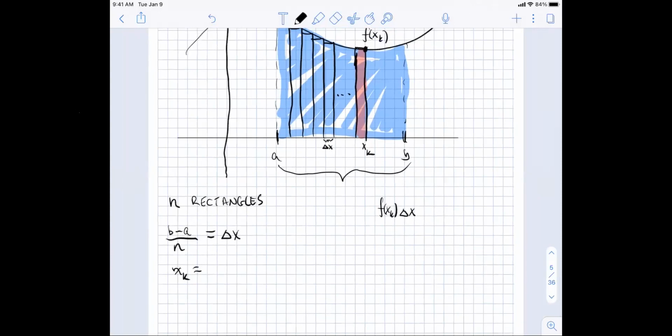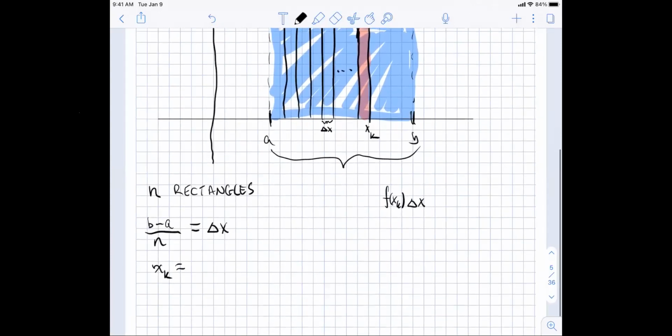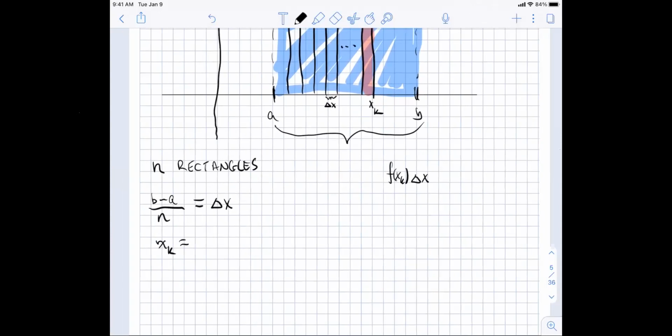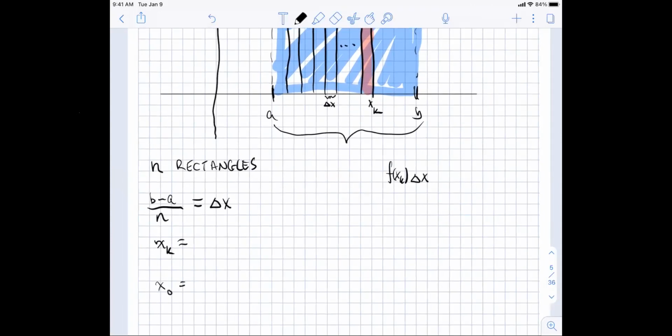If I take 0 steps away from a, then where am I? I'm just at a, right? So x0 is just a. And then, yeah, x1, you're exactly right. I've taken a step of delta x, and so I'm at a plus 1 times delta x, so that we can see the pattern.